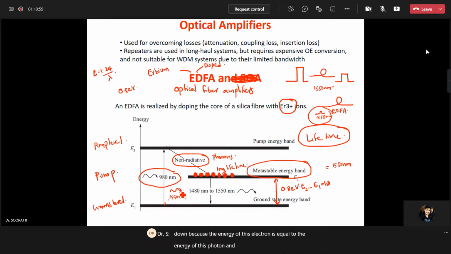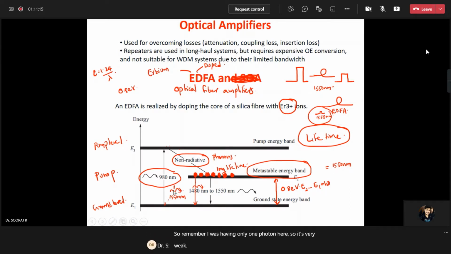So this weak photon causes this electron to come down. When this electron comes down, it emits a photon.